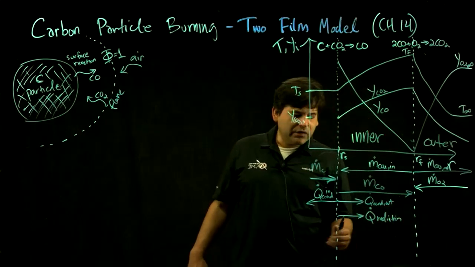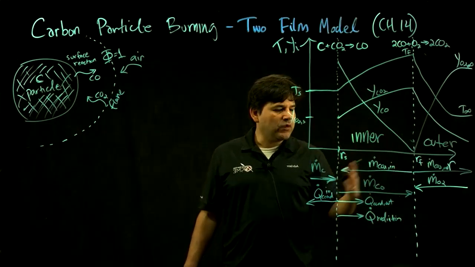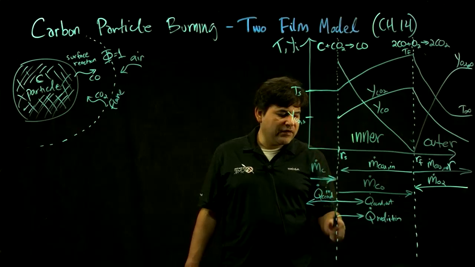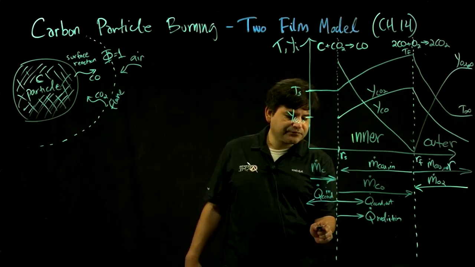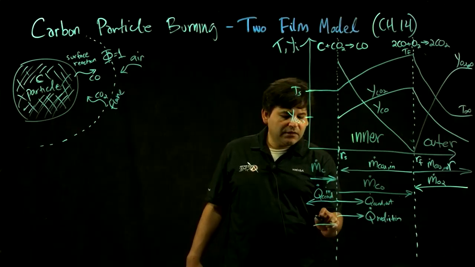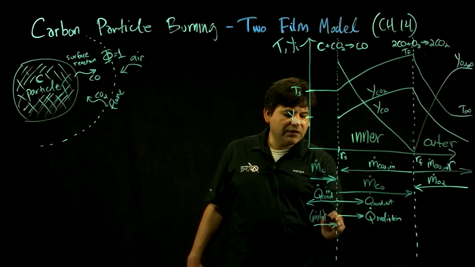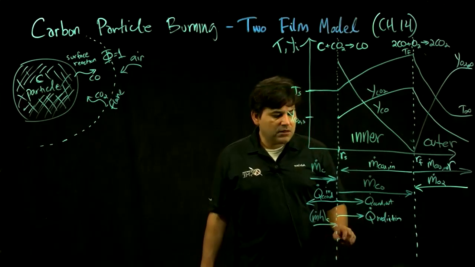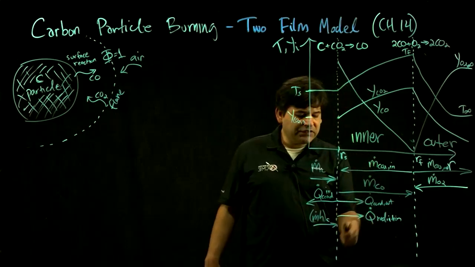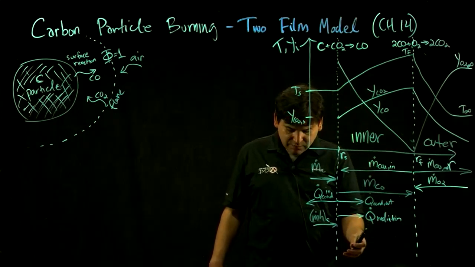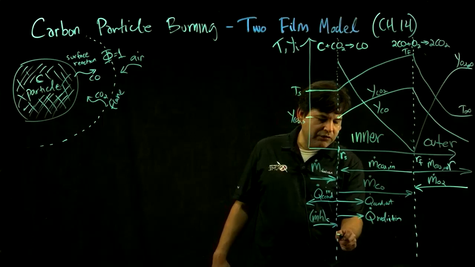And then you also have the energy of each of these flow rates. Again, this is not flowing, but it does carry energy that we have to balance. So this would be the sensible energy of the mass flow rate times the enthalpy of that molecule of the carbon. That's coming in that direction, and then also coming out is the CO that you're producing.